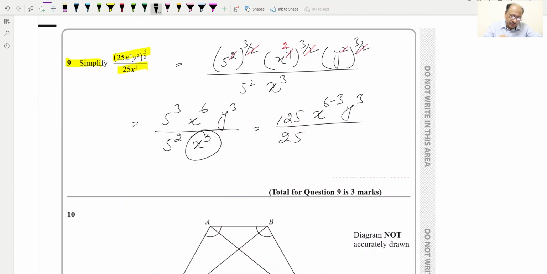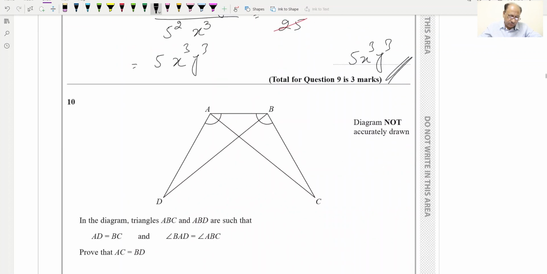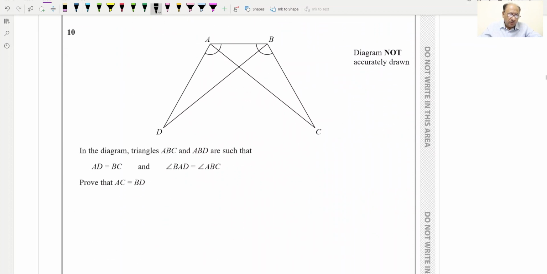We have shifted this x cube as a numerator, so 25 will be cancelled with this, so 5 5s are 125, so we can write the answer as 5 x cubed y cubed. So 5x cube y cube, this is the answer for 3 marks. Hopefully you understood this. Now for question number 10, a diagram is provided, again not accurately drawn.